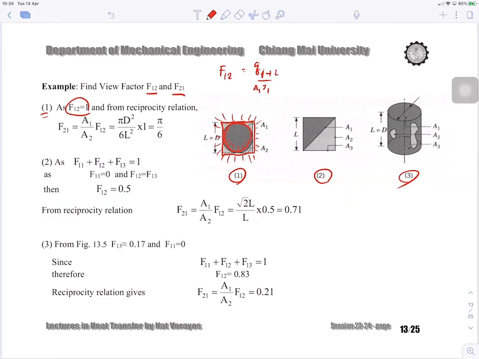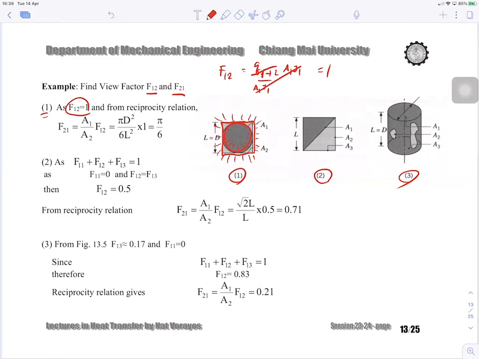Okay, and all of the energy, the Q1, is going to arrive at surface 2 for sure. So Q12 is going to be equal to A1 J1. So it cancels to 1. Okay, by intuition, right? So you already got F12.